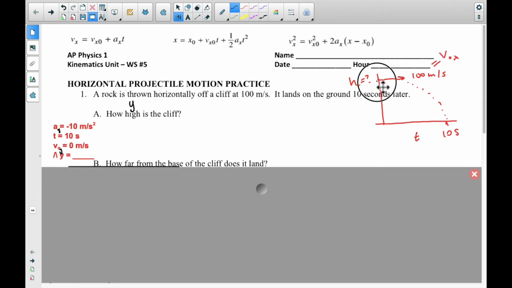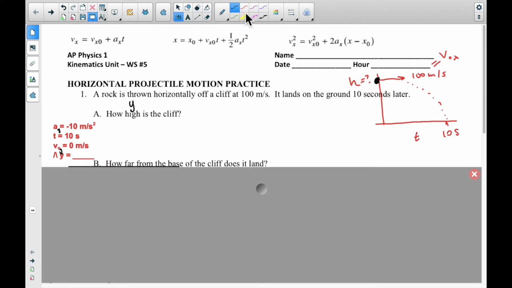The second that rock is launched, it does not have any vertical velocity at all. Now, by the time it gets to the bottom, yes, it will. It's going to hit someone hard if someone's in the way. But in that precise moment where it leaves the hand of the thrower, it does not have any y velocity. So this v sub o in the y direction is 0.